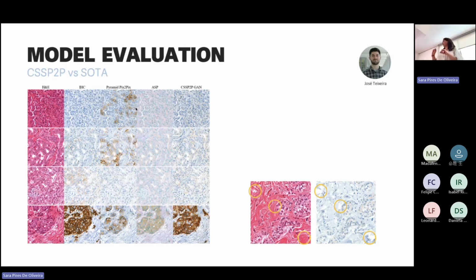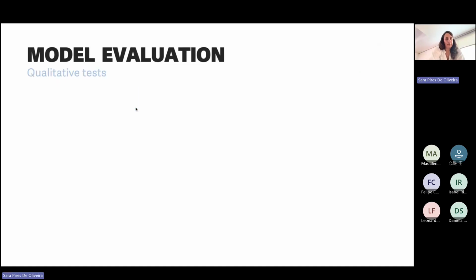So of course, there might be some tissue loss and some pixel misalignments. So even though this is much closer to complete correspondence, it's not 100% perfect. So all the metrics that are pixel related will be affected by these differences. But okay, more than the metrics, we decided to do a qualitative test.